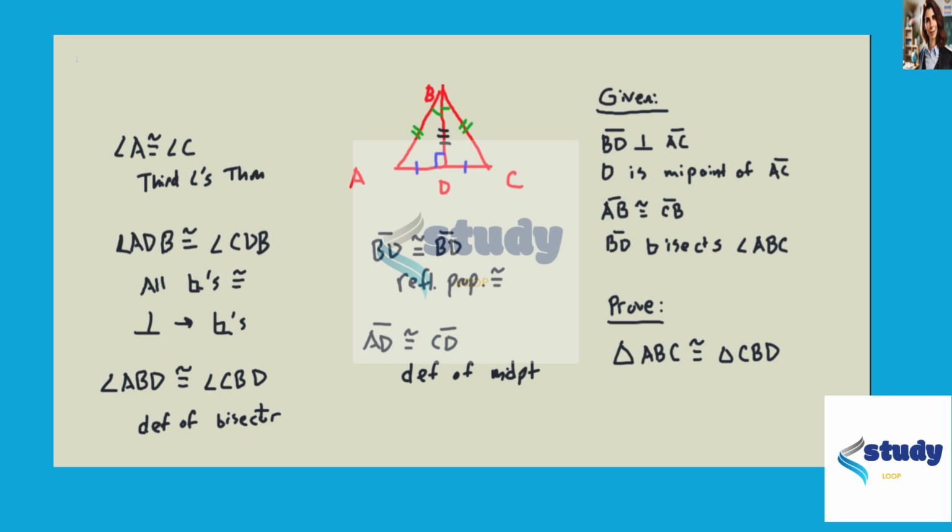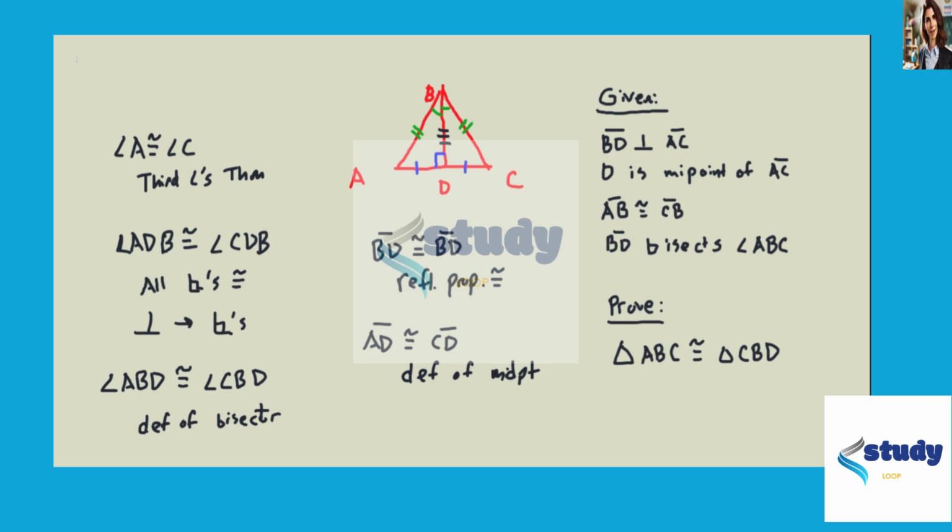If you've already established that the first two angles are congruent to one another, automatically the third pair of corresponding angles have to be congruent because all triangles have a total measure of 180 degrees. So if the first two have already been established to be congruent to their corresponding parts, then the third angle has to be congruent to the third angle of the other triangle.